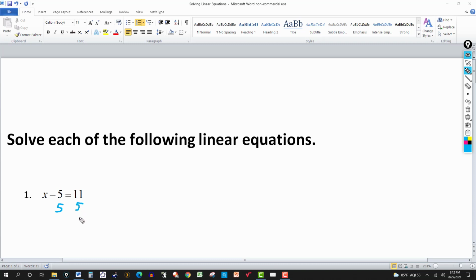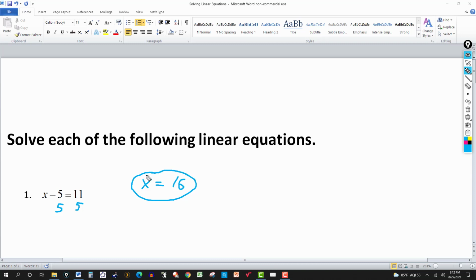Add 5 to both sides. So x minus 5 plus 5, that cancels. That gives me 0, so I just get x. And then on the right side, 11 plus 5 is 16. Does that work? Well, 16 minus 5 is 11. That checks. That's your solution.